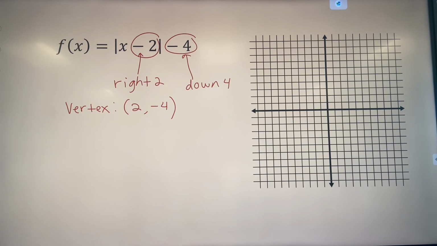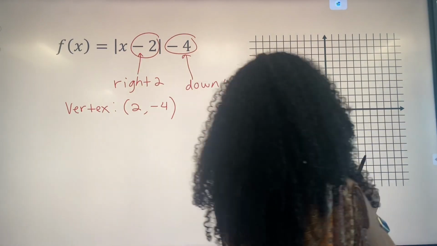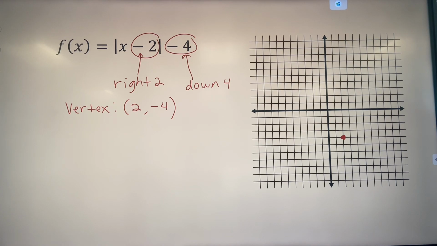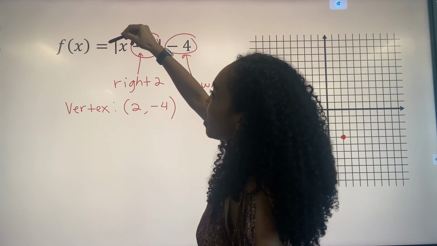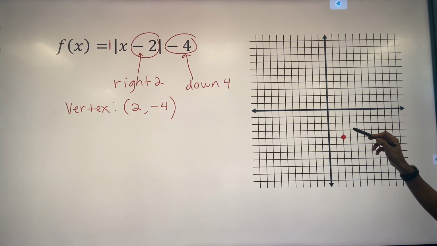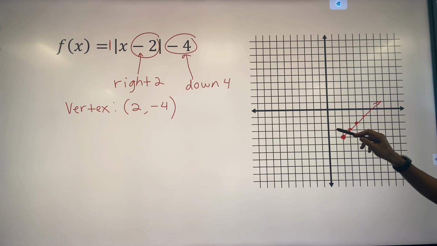How it moves left and right, up and down, determines your vertex. So let's go ahead and plot this on the graph. 2, -4 is down here. And you don't have an A value. Your A value is just 1. You can imagine a 1 there. So your slope is just up 1 over 1, up 1 over 1, just like this. And then do it for the other side.